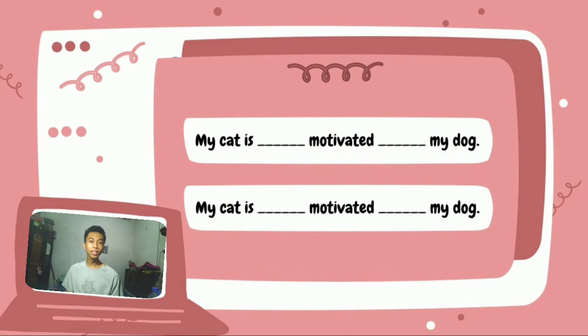First, note that the adjective in the sentence is motivated. It's an adjective with more than one syllable. Therefore, we cannot know what type of comparison this sentence falls into, because we cannot know the added word, which is est or er, in that adjective.